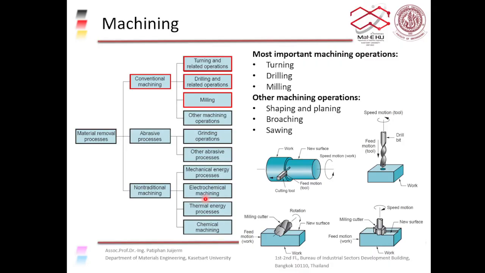Sometimes we use the term wire cutting, colloquially. So basically, we use electricity and an electrochemical process to cut a piece of metal by applying current to two pieces of metal, and one will be sort of dissolved by the process.